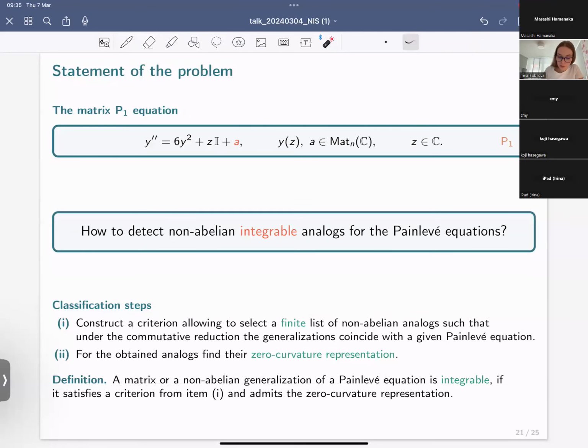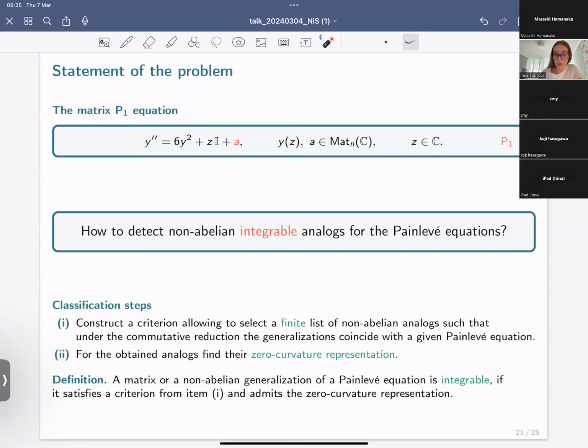We know that we have some good examples, for instance, the matrix Painlevé-1 equation, which is of this form. We can recall it. And the main problem is how to detect non-abelian integrable analogues for the Painlevé equations.